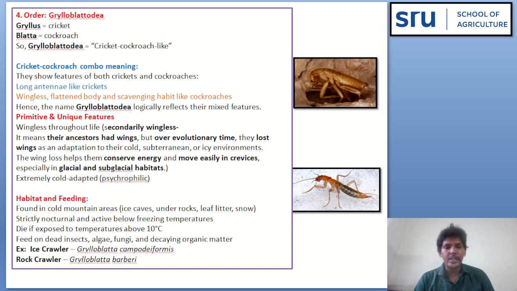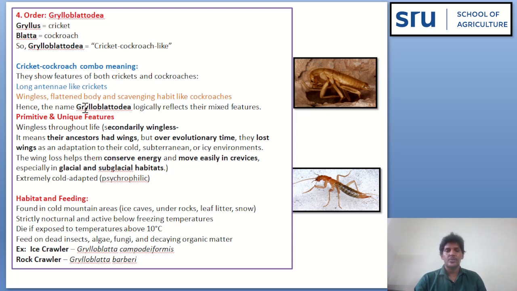Next order is the Grylloblattodea. Gryllus means cricket, blatta means cockroach. Cricket and cockroach-like insects. So here, it is a cricket-cockroach combo, meaning they show features of both.